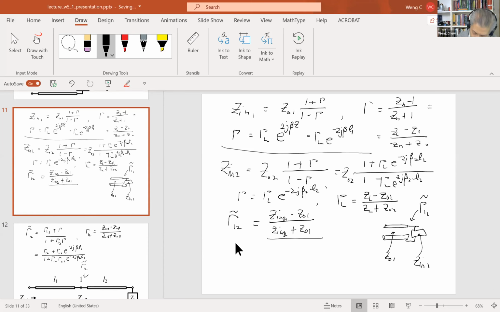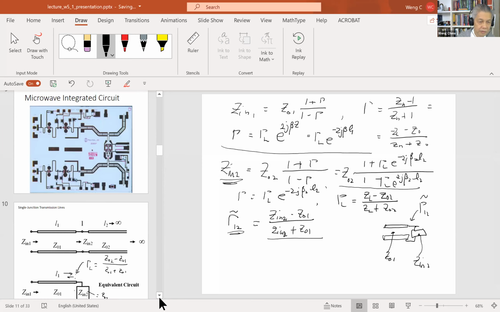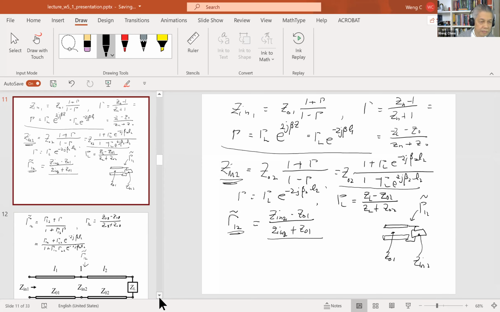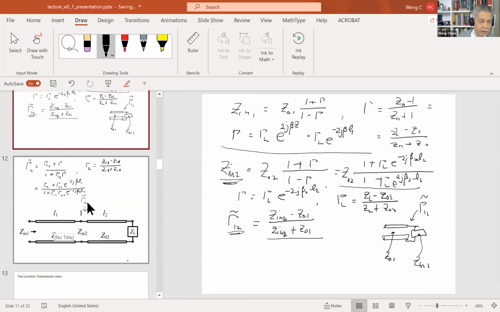But I now have a rather complicated-looking formula for Z in 2, so I should be able to plug that in and figure out what gamma 1, 2 tilde should be at this end over here.